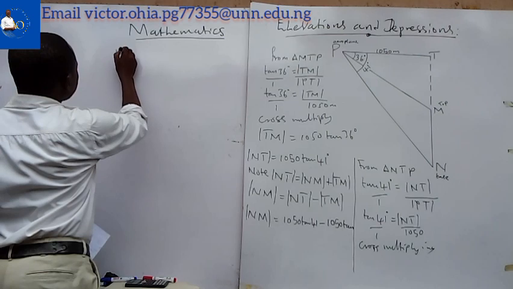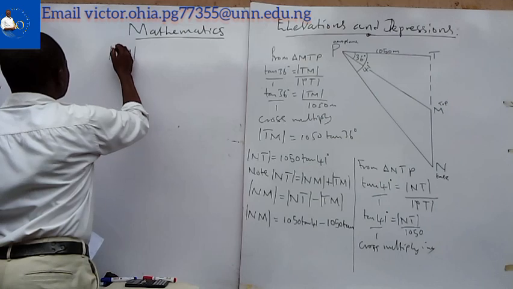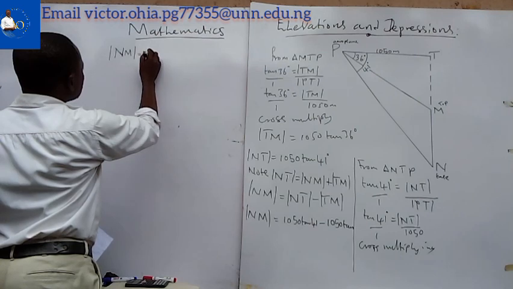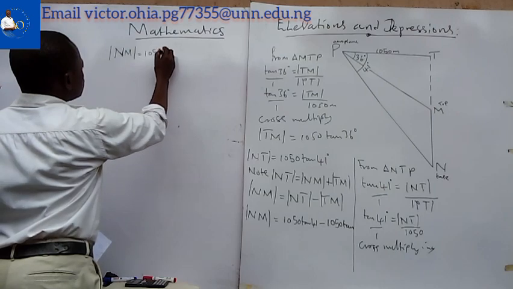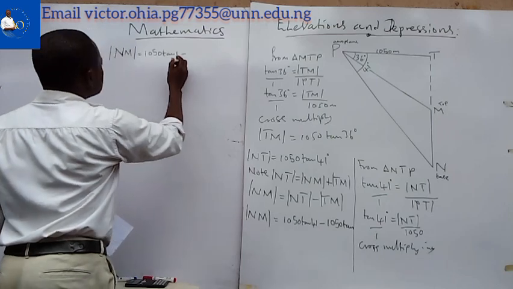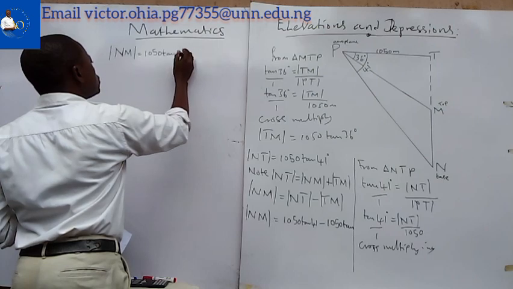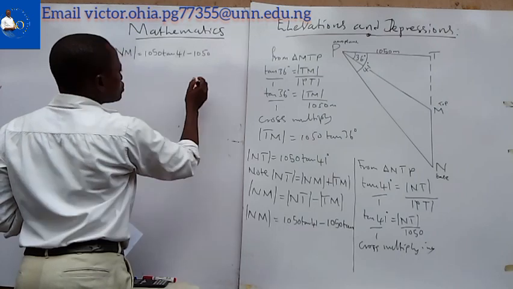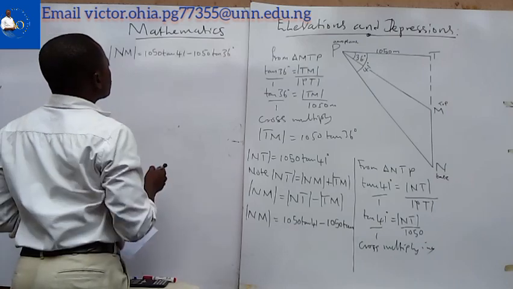This is NM. NM equals 1050 meters tan 41, then minus 1050 tan 36 degrees.